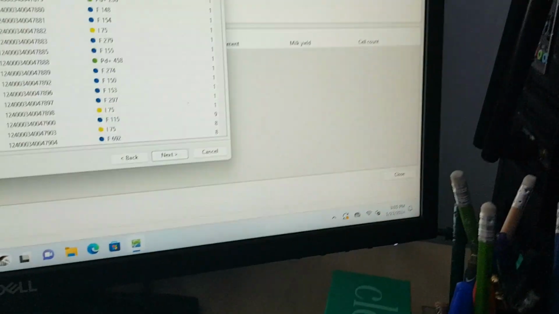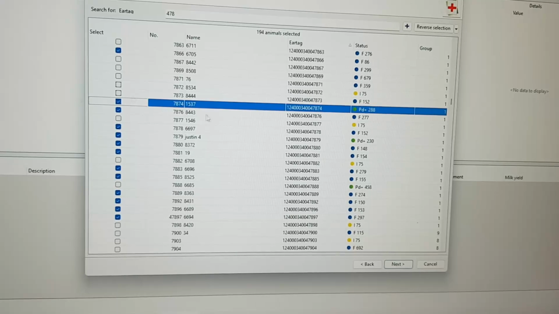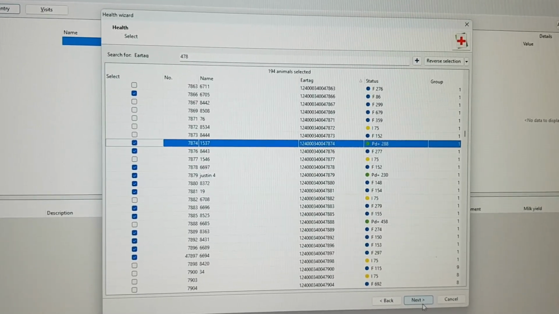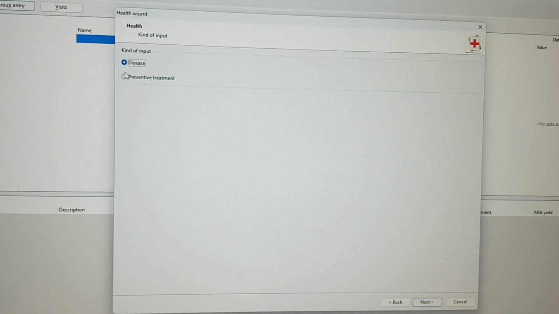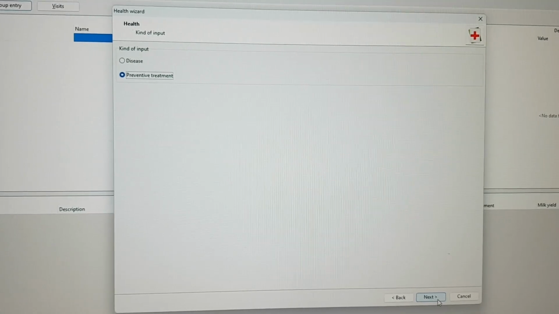So I'm not done, but it's done enough that I have to finish this because it's already 3 o'clock, so I gotta get started with night chores. So once we have everything selected, because this is a batch entry for a health treatment, we go next, and I think it's in preventative treatment. Next.